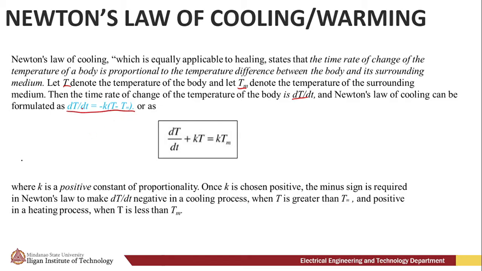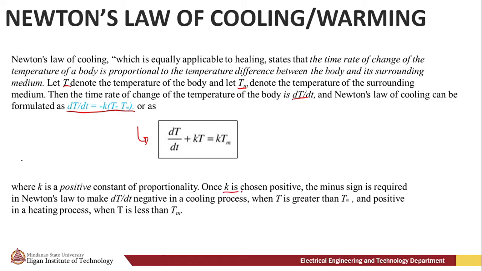dT over dt equals negative k times the quantity T minus Tm. Rearranging this, we have this differential model, which is a linear differential equation, where k here is a positive constant of proportionality.